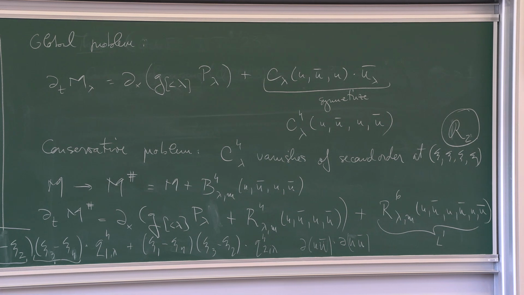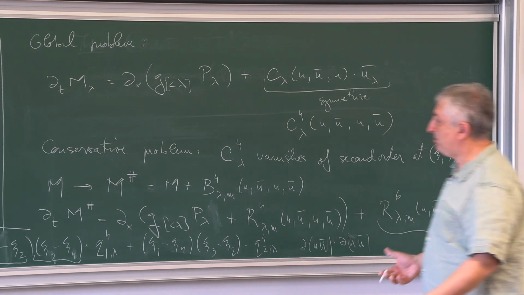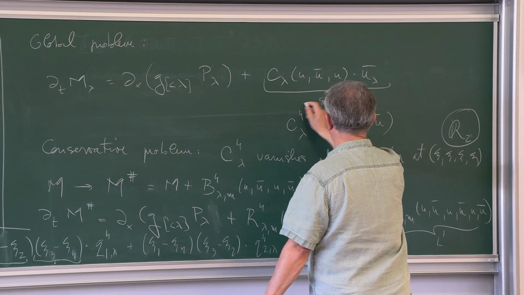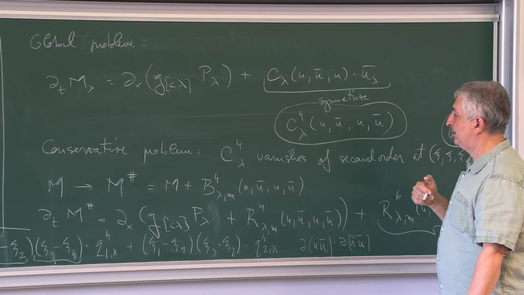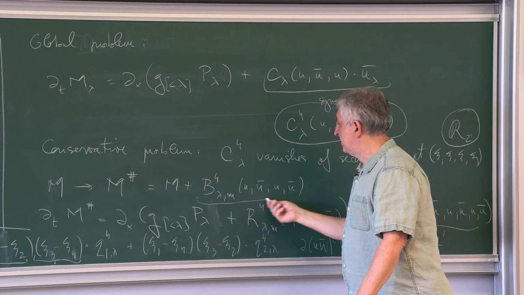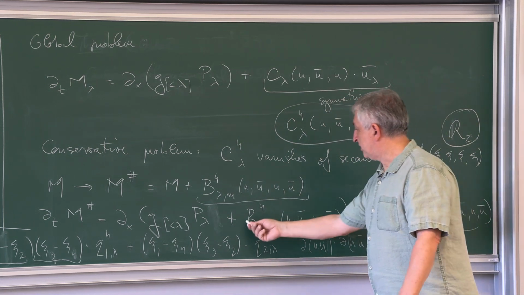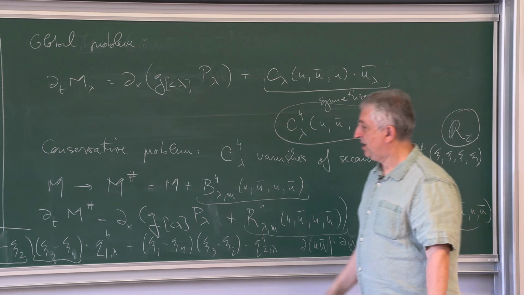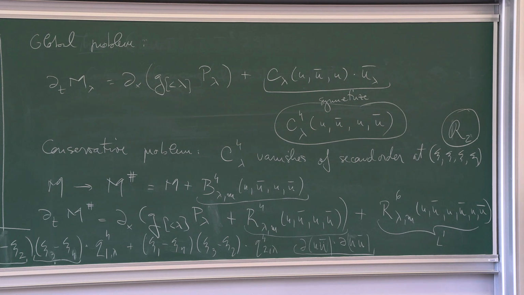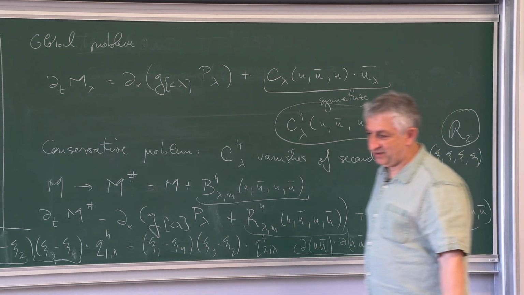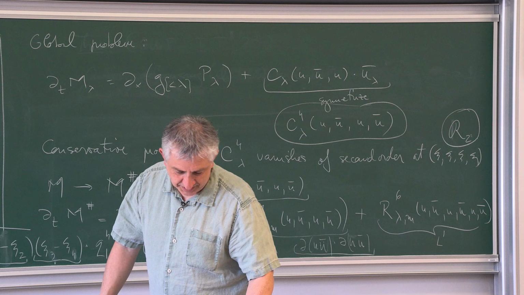And so, to summarize, we have this bad guy that we want to get rid of, and the fact that our problem is conservative allows us to get rid of that using three contributions. A correction to the density, a correction to the flux, and then a correction to the error term, which we can all nicely estimate. Okay, I said this very briefly, but it takes a little bit of work to do this.